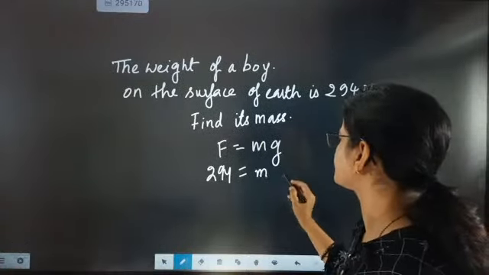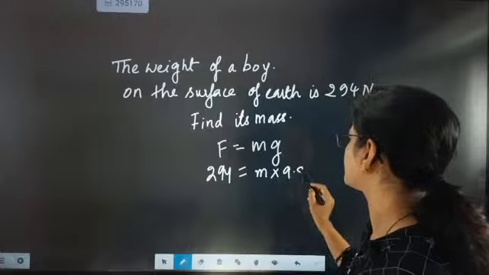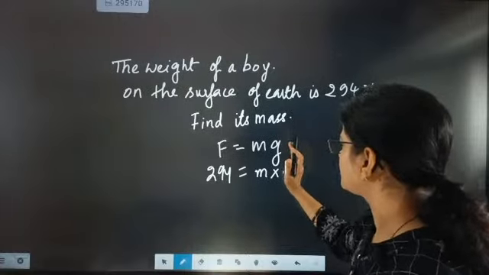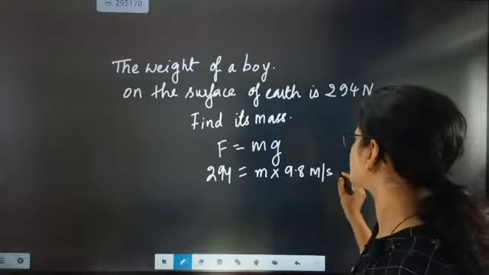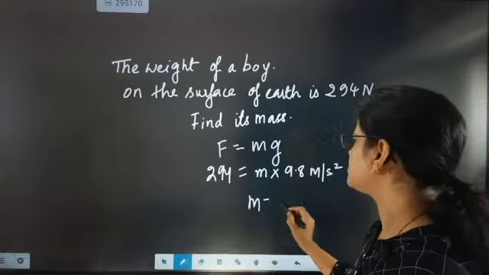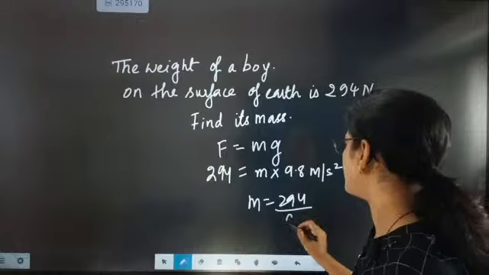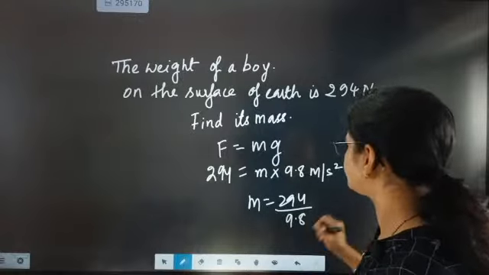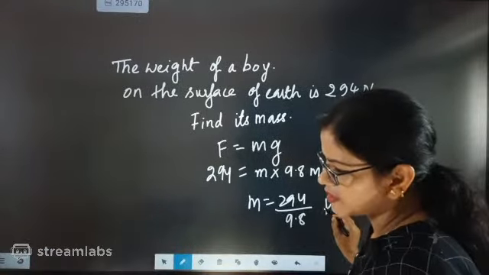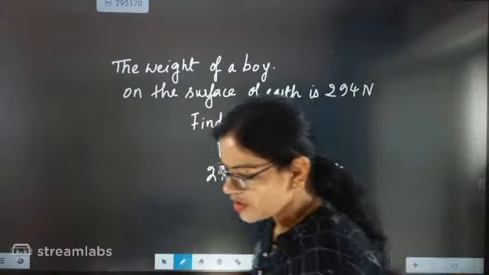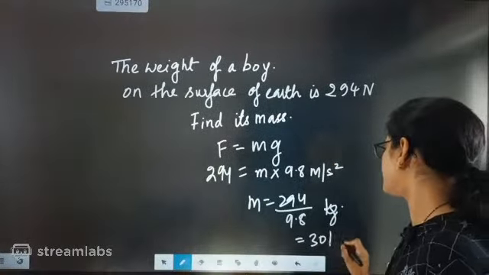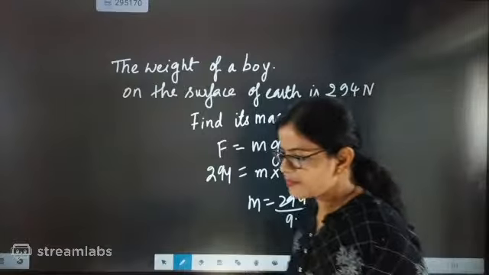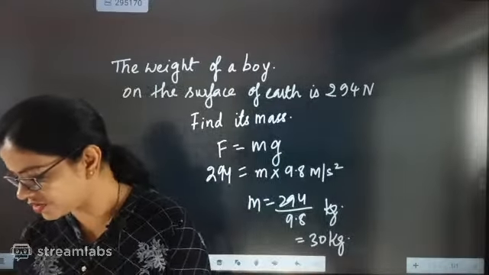So 9.8 meter per second square if we take, mass will be equal to 294 by 9.8 kg. Then you have to solve. So the approximated answer will be 30 kg.